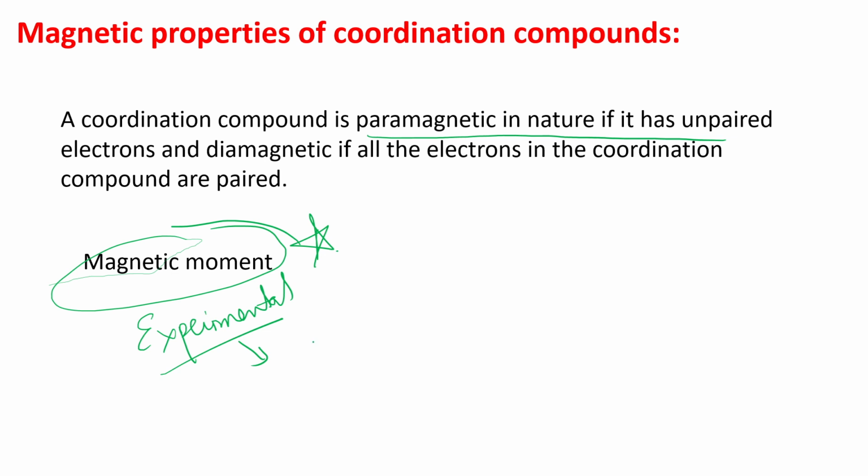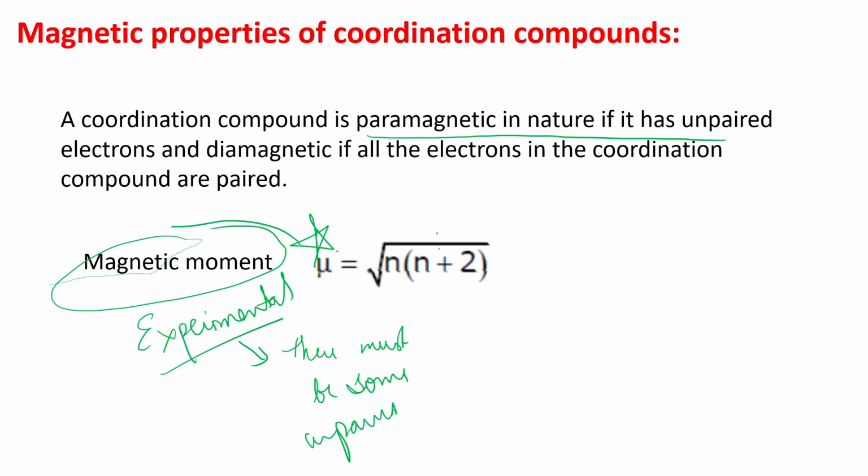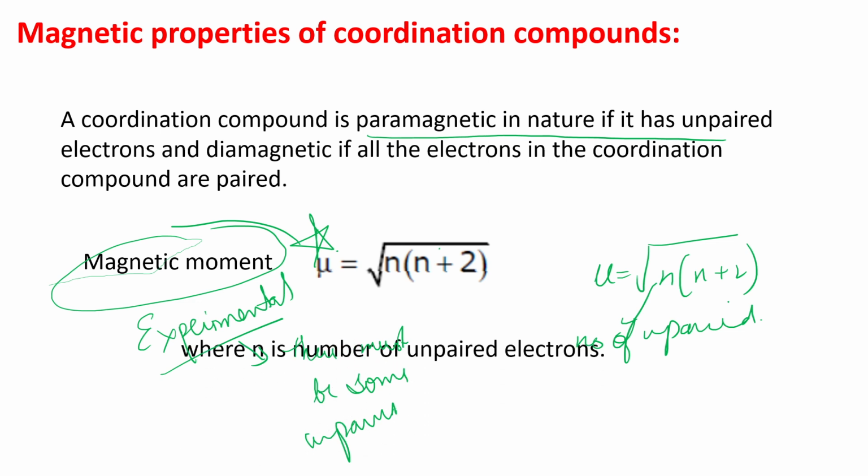Okay, if a compound has some magnetic moment, then only you can say that there must be some unpaired electrons. And theoretically, how can you calculate the magnetic moment? You can calculate it using this formula: mu is equal to under root n into n plus 2, where n is the number of unpaired electrons.